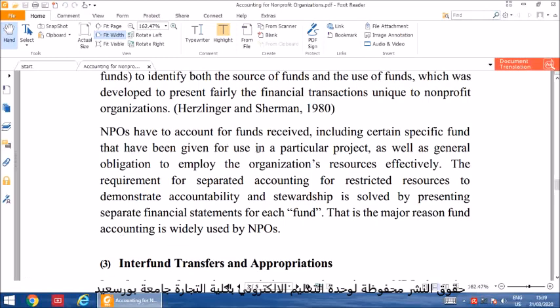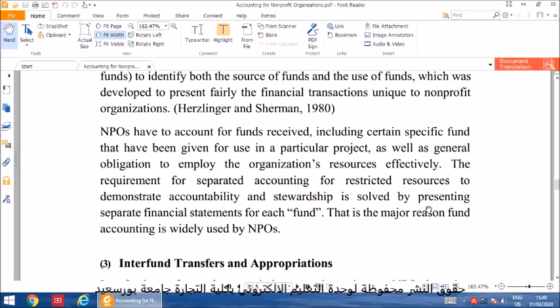NPOs have to account for funds received. So fund accounting is applied in NPOs. NPOs have to account for funds received, including certain specific funds that have been given for use in a particular project, as well as general obligation to employ the organization resources effectively.